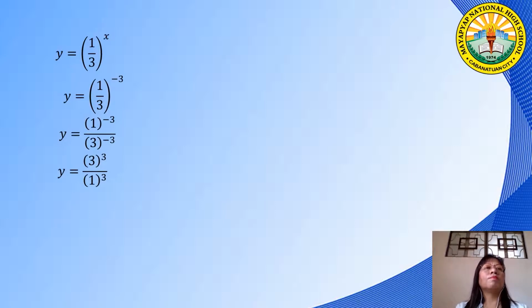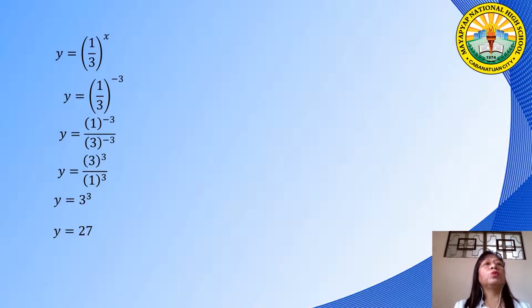Then simplify: y = 3^3 over 1^3, and 1^3 equals 1. So therefore, y = 3^3. Then to express it in simplest form, y = 27. So if y = (1/3)^x, the value where x is -3 is 27.